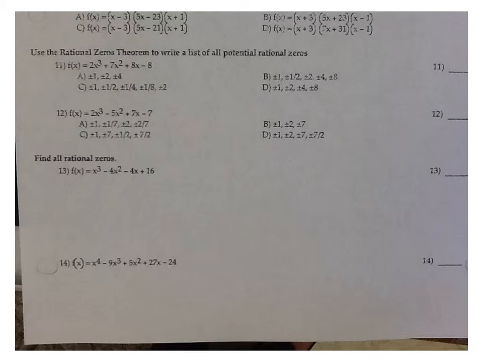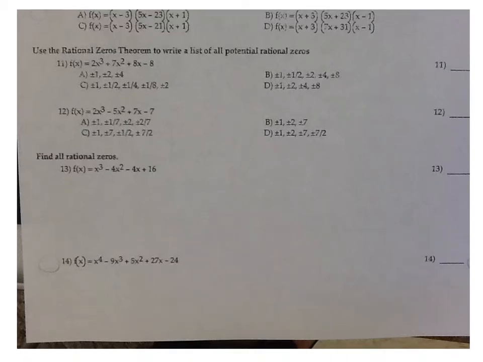Now, the last part. When they ask you to use the rational zeros theorem to write a list of potential rational zeros, what you need to do is use P over Q. To find the potential zeros, you're going to use P over Q. And you might say, what is P and what is Q?